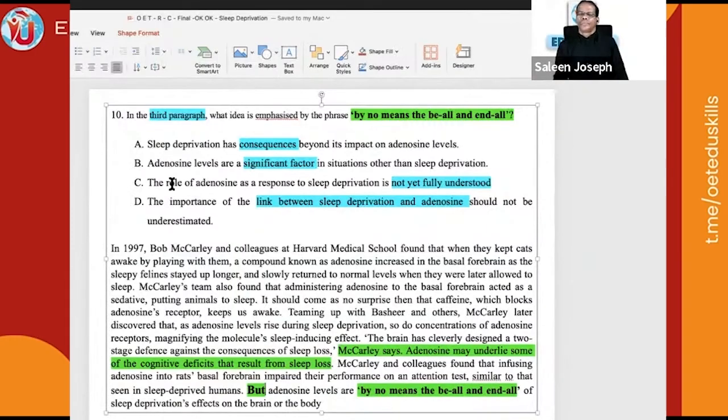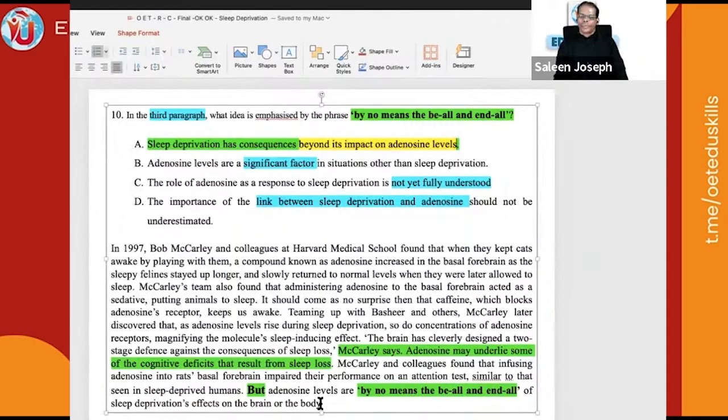Option A: consequences, definitely that is the answer. Consequences beyond its impact on adenosine levels. This is not the only result, but there are many more effects of sleep loss. Is that clear?